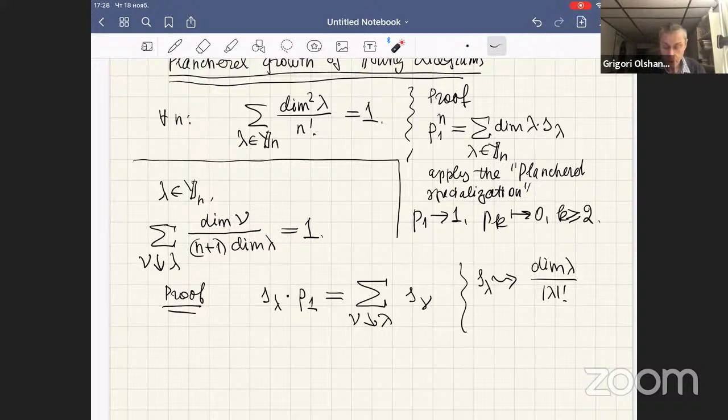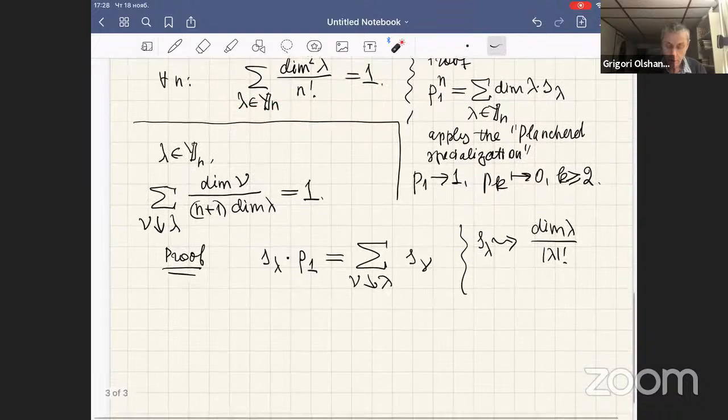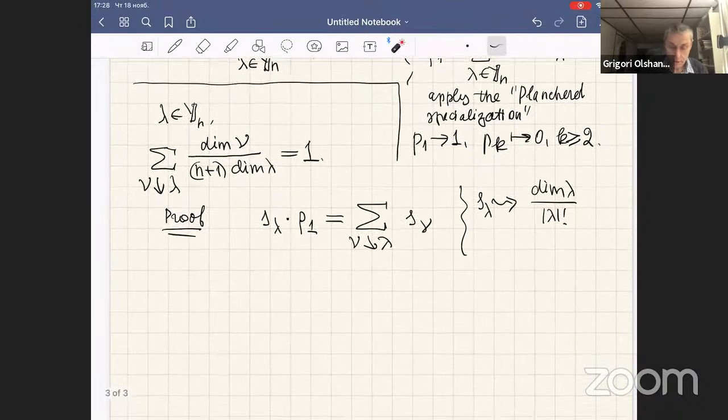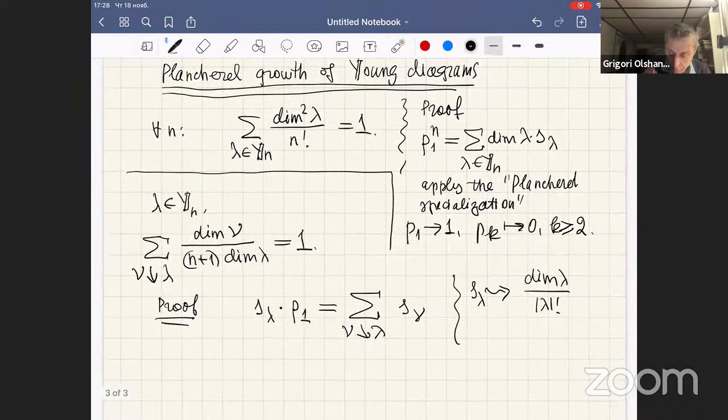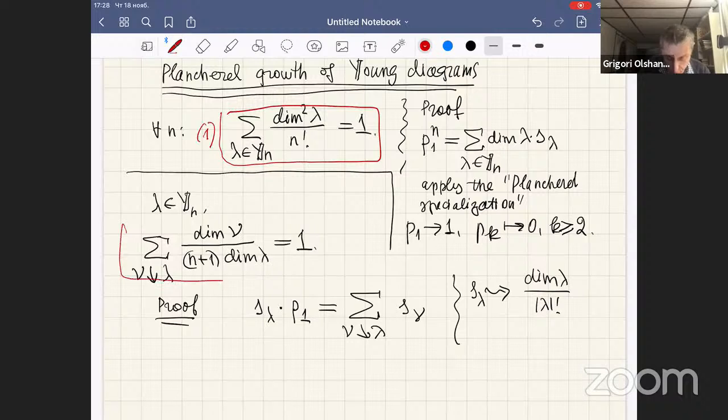So what then do we obtain here? For the first identity, maybe it's better to write this as relation 1, and this one is relation 2, just for reference.